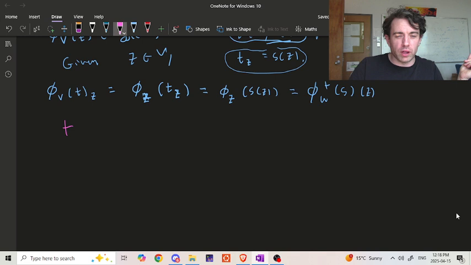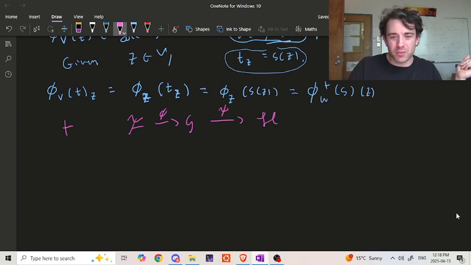So let's suppose now, I chose a weird labeling here, but okay, let's say we have phi goes from f to g now, and psi goes from g to h.